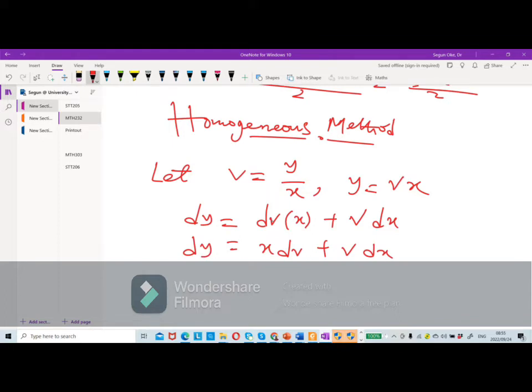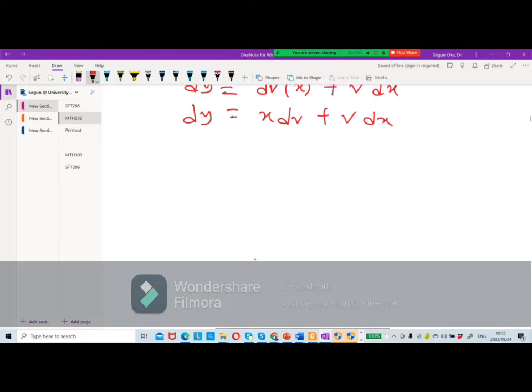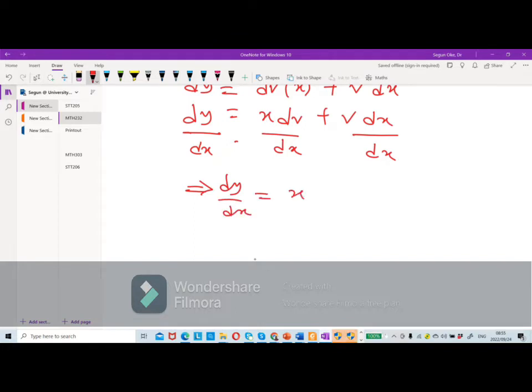Then if I want to calculate dy/dx, let's divide both sides by dx. It's going to be this dx, this is dx. So at the end of the day, my dy/dx will be x dv/dx plus v.